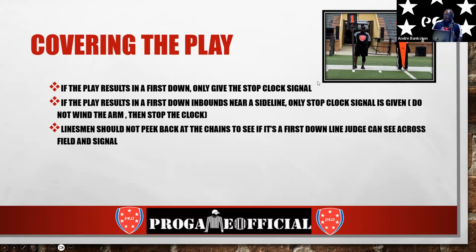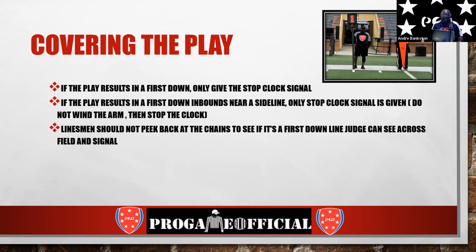Linemen should not peek back at the chains to see if it is a first down. The line judge can see across the field and signal. So again, little small things like this. My head linesmen, never turn your back to see if it's a first down. One, you should know, you've got the chains.